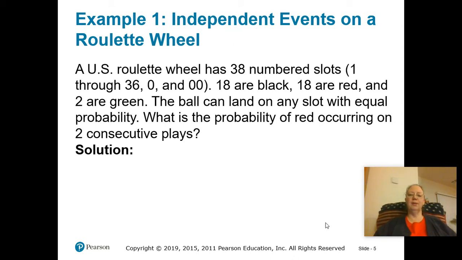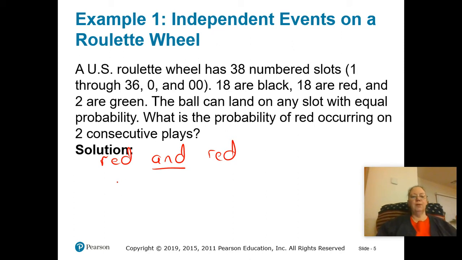What is the probability of red occurring on 2 consecutive plays? So we want it to be red, and the next spin we also want that one to be red. So we want red and red.